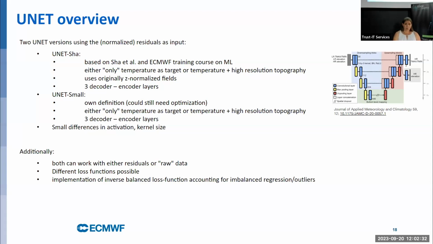What we did for both, because we ran into issues computation-wise and time-wise, we restricted the training period to 2010 to 2016, which will also be one of the reasons why we are not able to beat Samos. And additionally, what is still built in is we could also work with the raw data and not the anomalies. And there are different loss functions possible, but we focused here on the inversely weighted MSE loss to account for outliers.